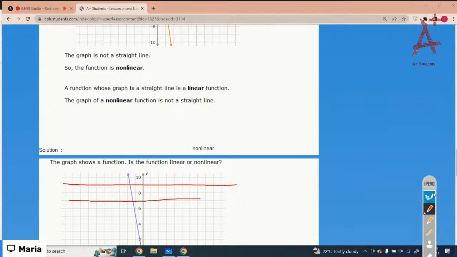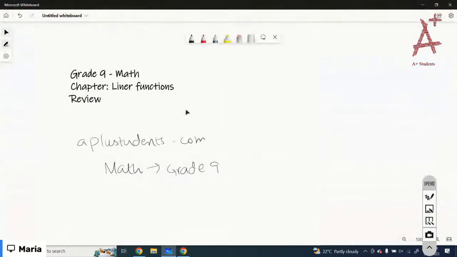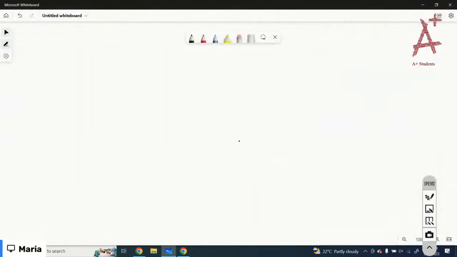So the point slope form of the equation is y equals mx plus b. That is the point slope form of linear function.